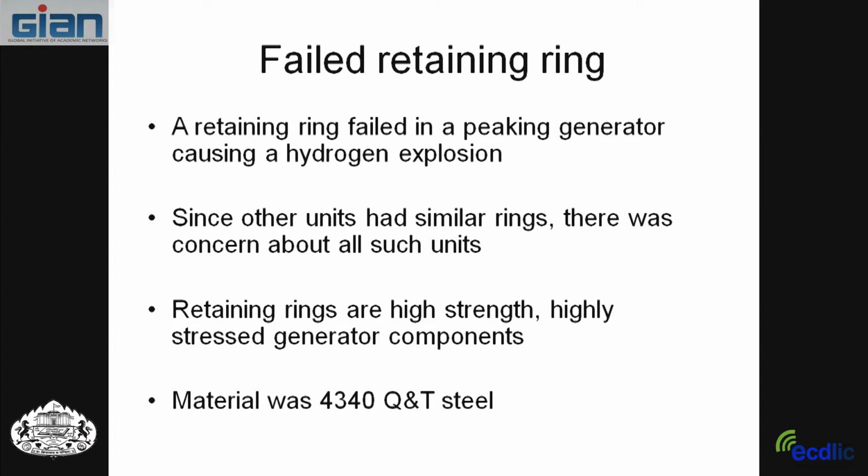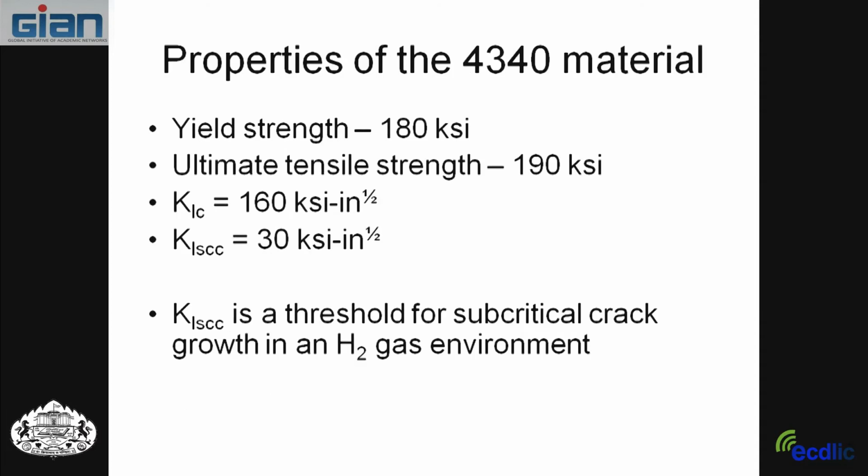Retaining rings, as I said, were high strength, highly stressed parts, and the material was 4340 quenched and tempered steel. Here are some of the properties, and these were all in engineering units. What happened when we had that failure, they came to the research lab where I worked. Our job was to take care of all the problems in the different divisions.